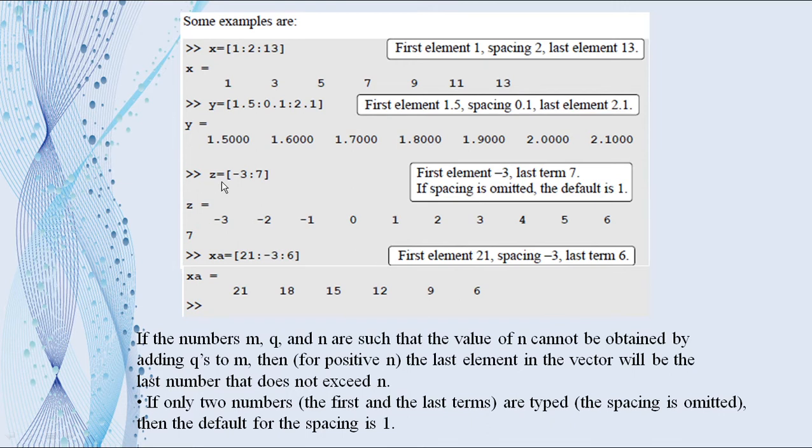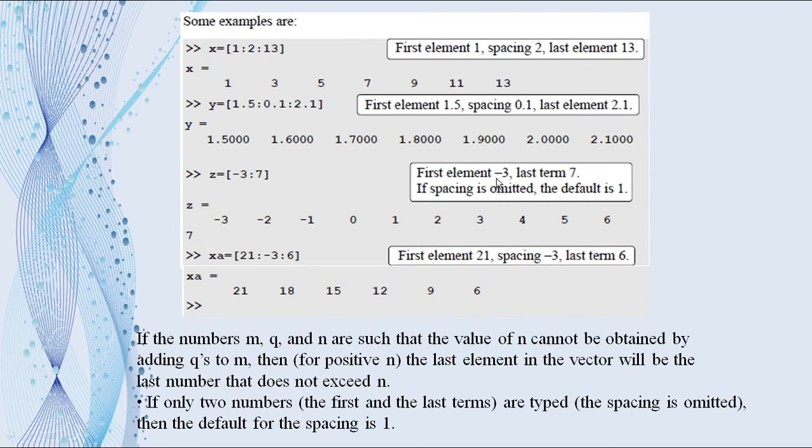Likewise, z equal to minus 3 colon 7. We should have 3 elements, m colon q colon n, but here you have only 2 elements. These two are referred to as m and n without the spacing term being given. So if the spacing is omitted, the default is 1.